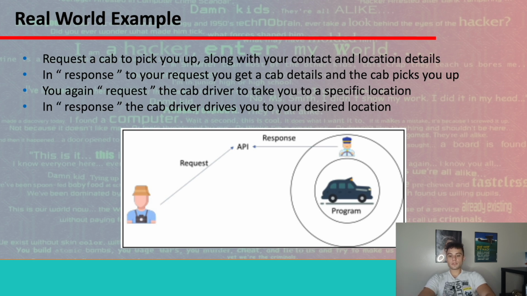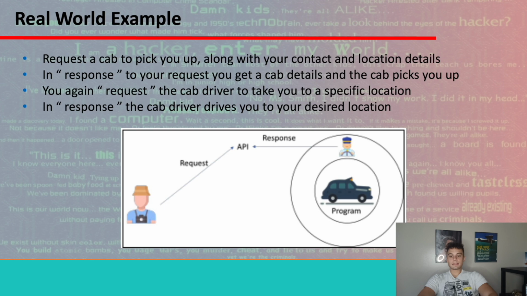In response, you get the information about the cab and where it would pick you up. Then once you get in the cab, you request the driver to take you to a specific location, and then again you get a response from the cab driver that he drives you to the desired location. And notice that here you actually don't need to operate a car in order to get from point A to point B.